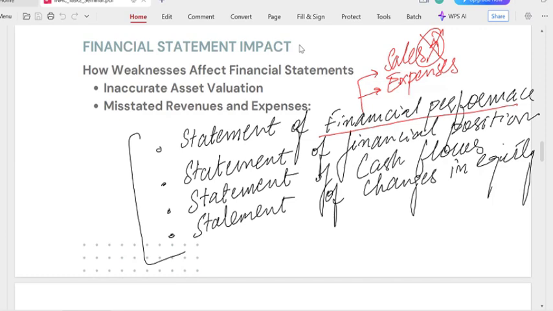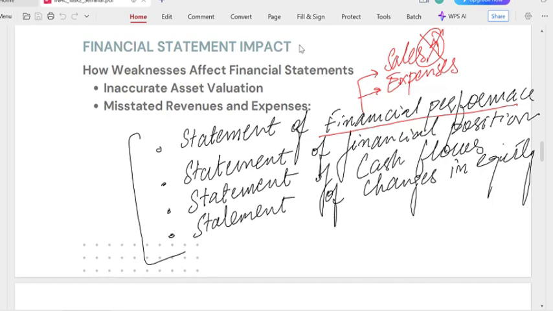You don't want either of the cases, all right? So this is one of the biggest problems with frauds, that they distort the true and fair view of the financial statements, okay? All right, what does statement of financial position represent?